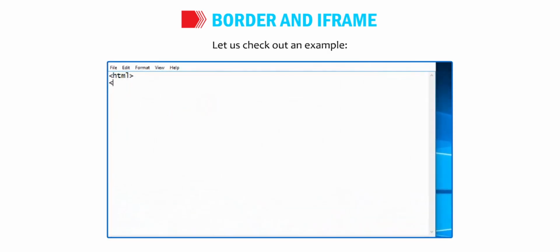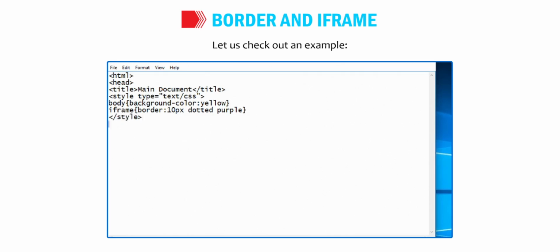HTML, head, title: main document, /title, style type equals "text/CSS", body, curly braces, background-color yellow, curly braces close, iframe, curly braces, border 10 pixel dotted purple, curly braces close, /style, /head, body.